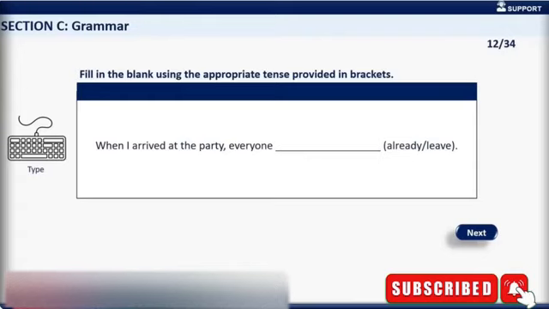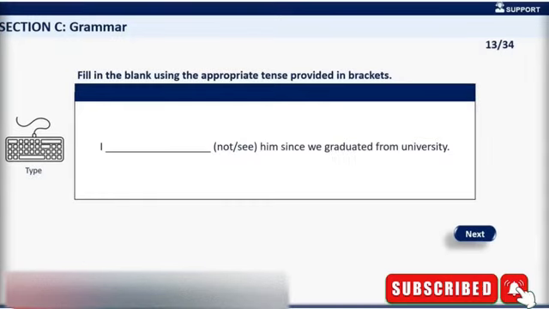Moving on to the next one. When I arrived at the party, everyone dash already / leave. Okay. So the correct answer in this case will be, had already left. Okay. So the complete sentence would be something like, when I arrived at the party, everyone had already left. Moving on to the next one. I dash him since we graduated from the university.